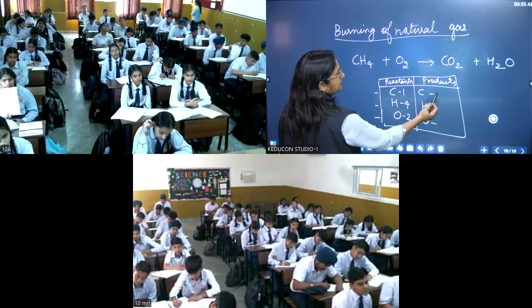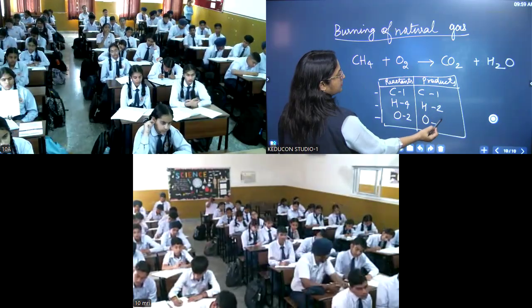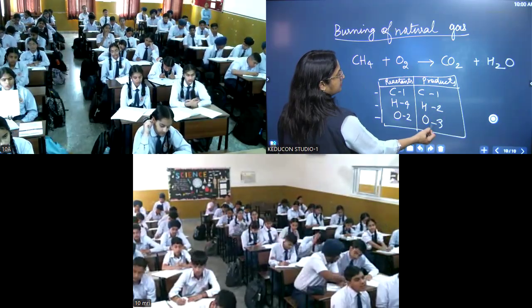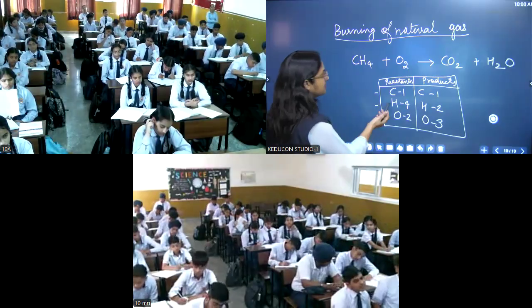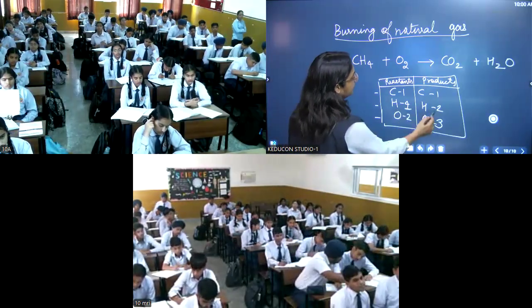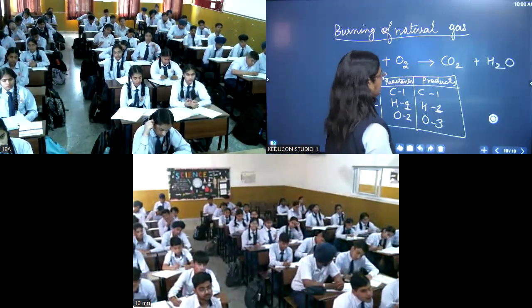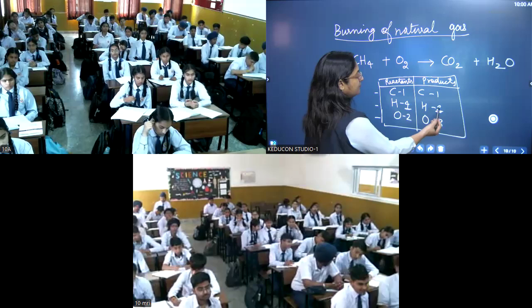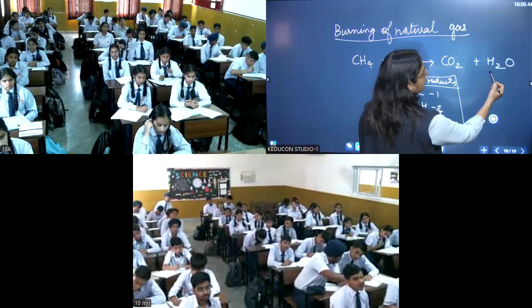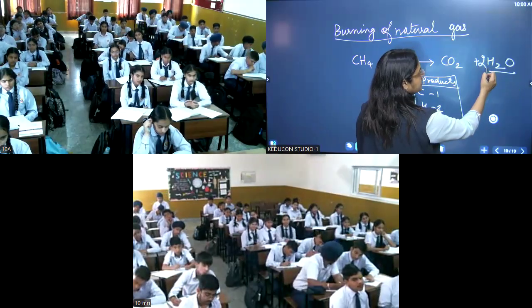How many? 1. Hydrogen, 2. Oxygen, 3. Okay. So which is easy to balance? Hydrogen. Yes. What do we do to make this hydrogen equal? Apply coefficient 2 in front of water. We have to make this 4, so I have to multiply this with 2.